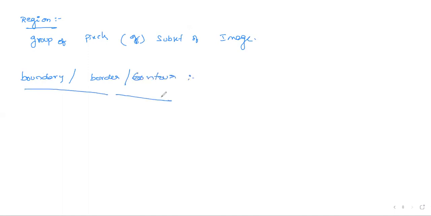Okay. So when we call it a border, it means a region R is adjacent to the complement of R, then we call it as border.